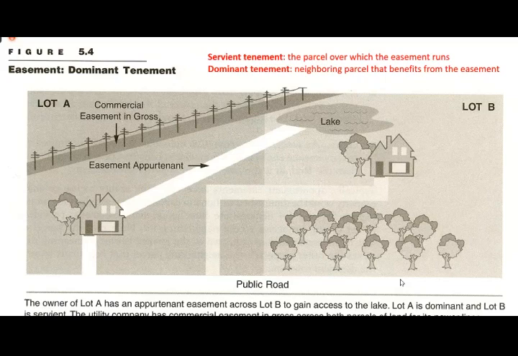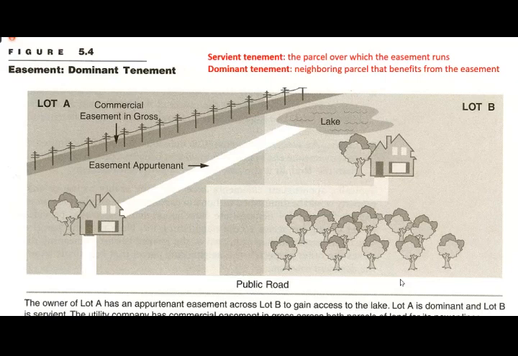You have lot A and then you have lot B. The owner of lot B has an appurtenant easement across lot A to gain access to the property from the public road, right? Lot B would be the dominant. Lot A is the servient because it's serving your use.